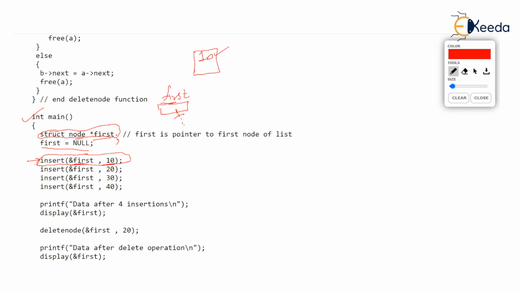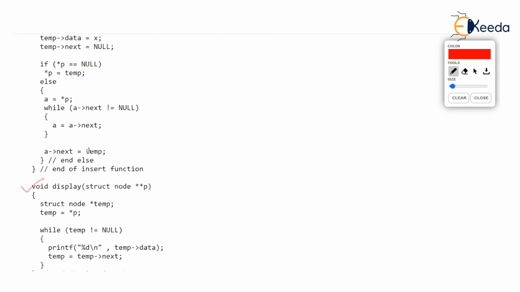Now you all know that first is a pointer, but the pointer itself will have some address, isn't it? Let's imagine that the address of this first pointer is 500. That means the byte at which first is located is 500. Then we are passing that address to the function insert. The second parameter we are passing is a simple integer value, that is 10, which we want to insert in the node. So let's come to the insert function now, because the function is called.